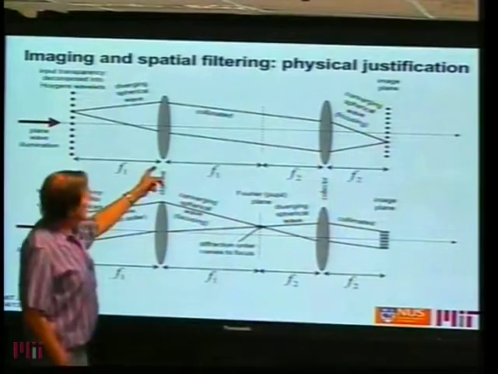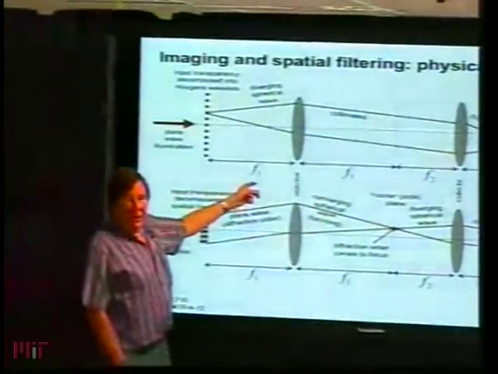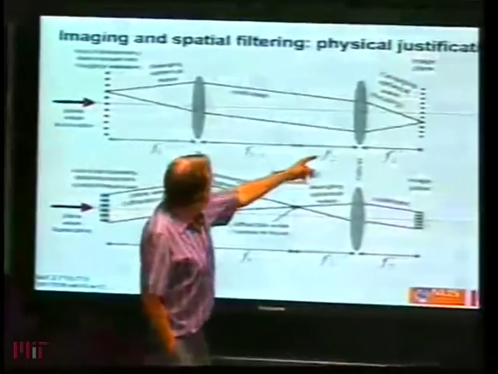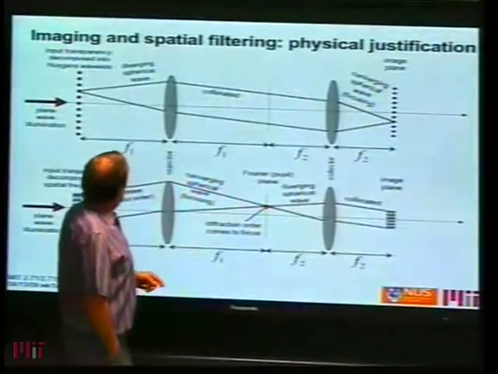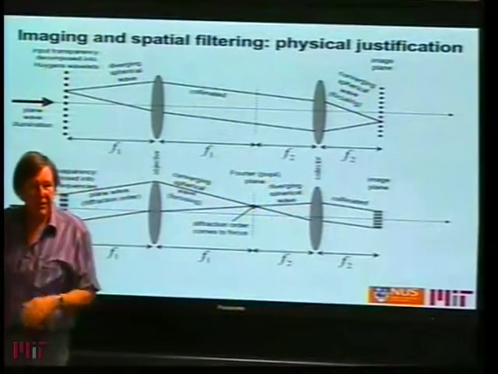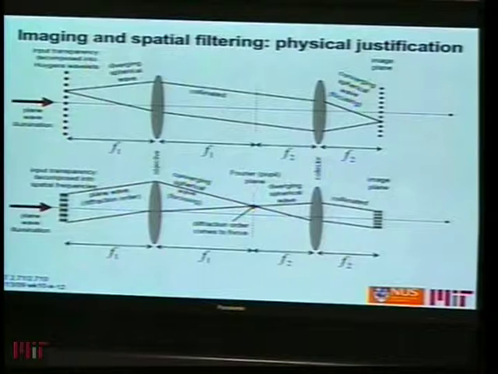And now we've actually introduced the fact that these f's can be different. So f1, f2, f1, f2. This has to be equal to this, and this has to be equal to this. Otherwise, the phases won't cancel out properly.